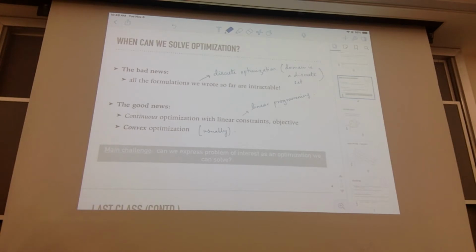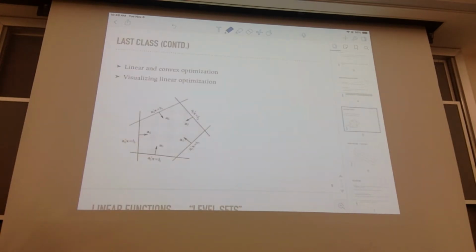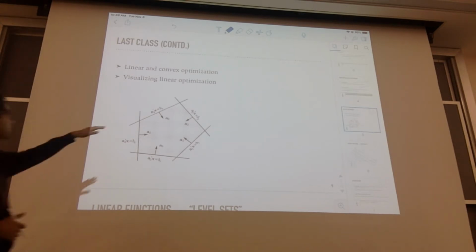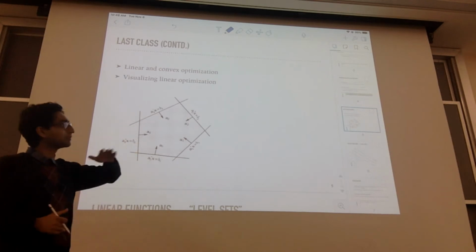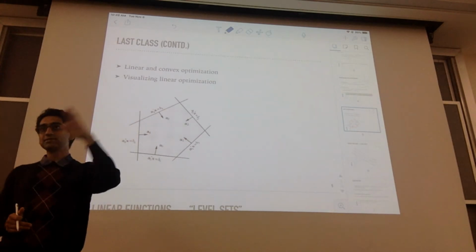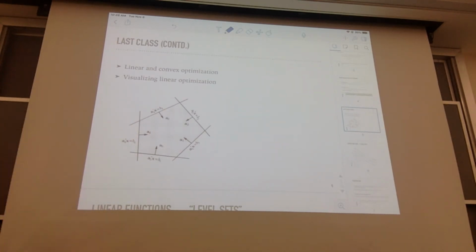Last time we saw a very basic fact about linear programs. We had some basic observations about the geometry of these: every linear constraint is a half space.